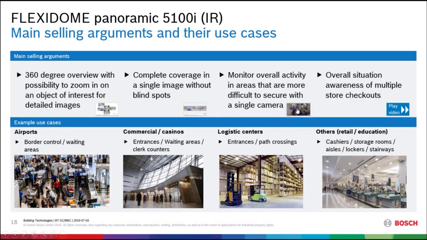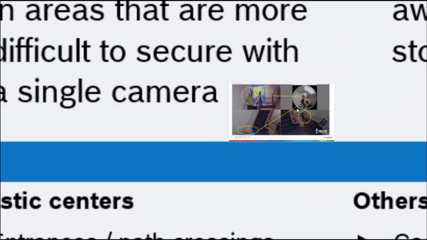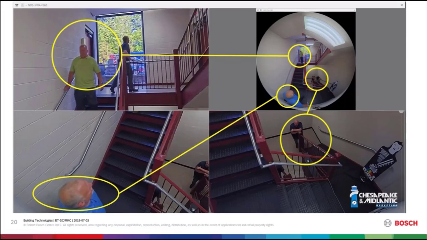So if you take a difficult area like stairwells. In this case, the camera is mounted on the wall in a 180 fashion. We see the entire overview. And not only that, I can call out those individual images so I can see more clearly otherwise.